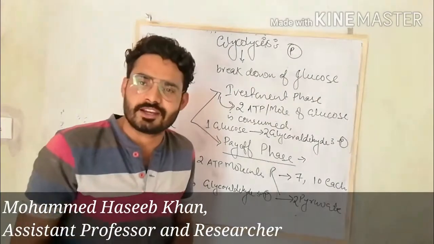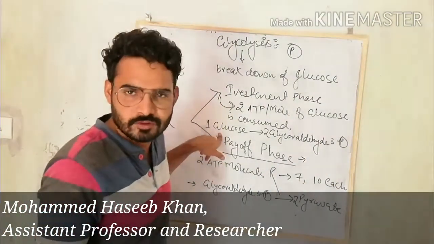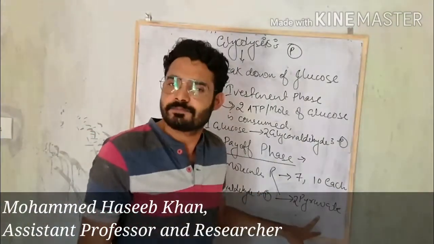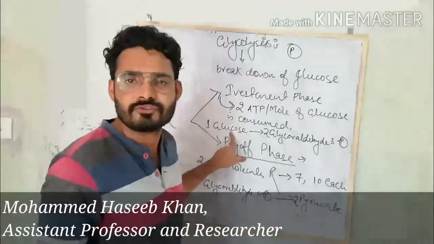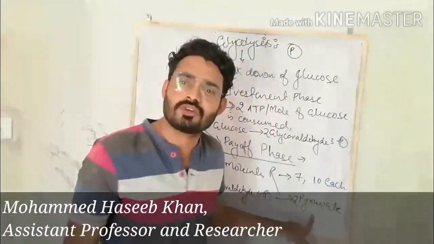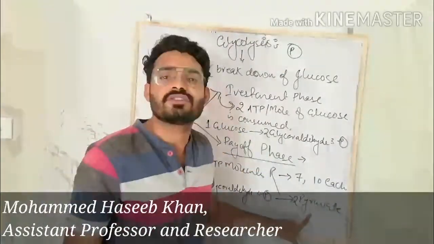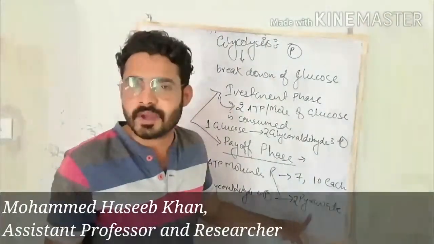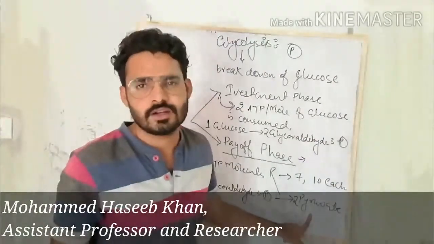One thing that we can notice here is that we started from glucose without any phosphate, and we ended up at pyruvate, right? Glucose has no phosphate, so pyruvate also has no phosphate. But glucose has 6 carbons and pyruvate has 3 carbons, so we have 2 pyruvate molecules, 2 into 3, that is a total of 6 carbons conserved.